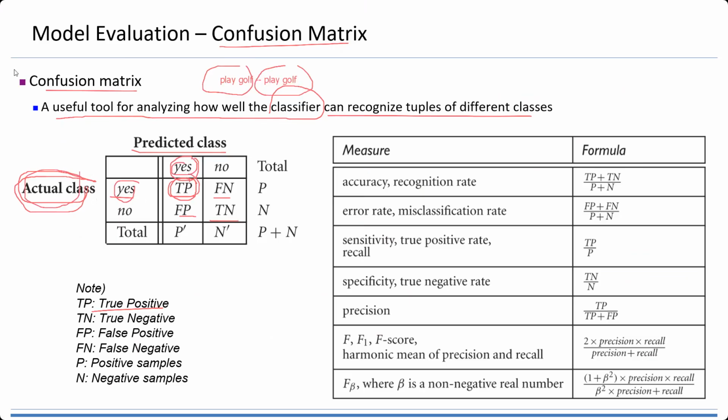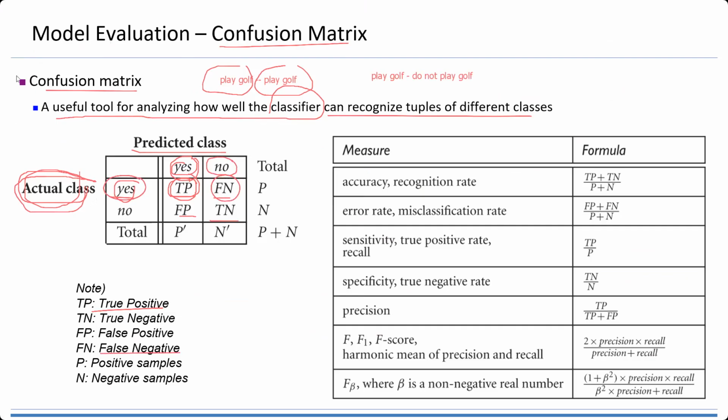The person plays golf, but the AI model says that the person does not play golf. The actual class, the real value, is the person plays golf, but the AI says not playing golf. So we call this false negative.